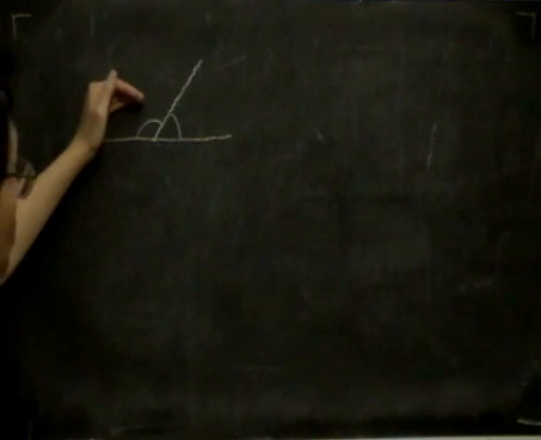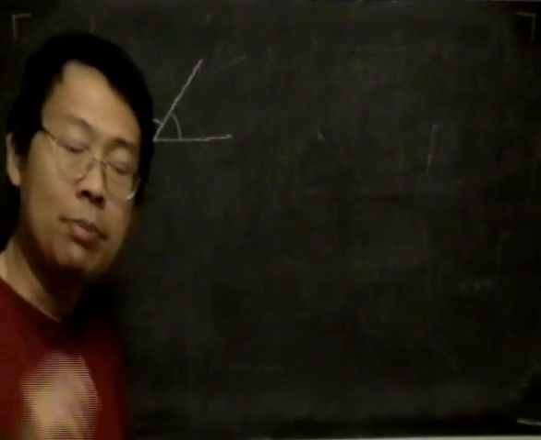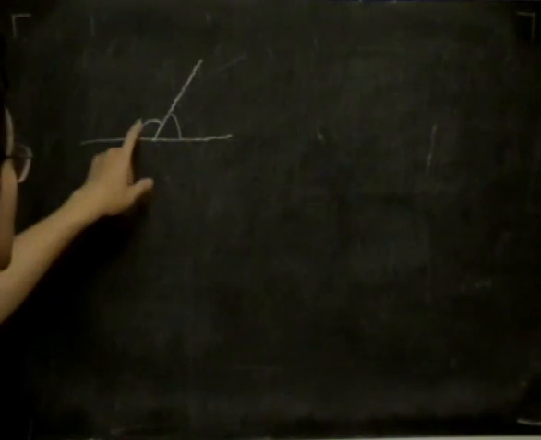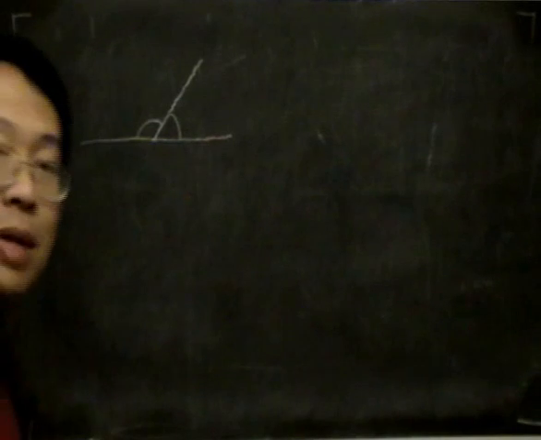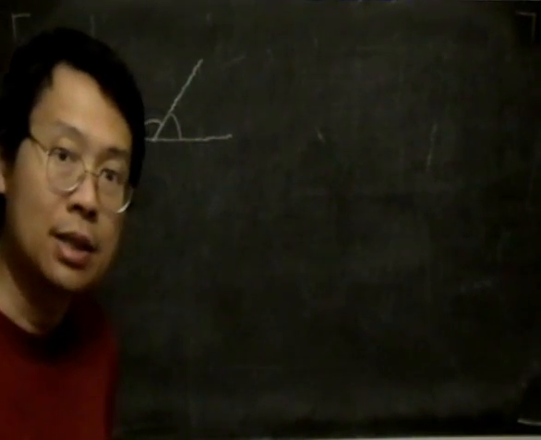Now, if you have two angles like that, then one important thing to know is that the sum of these two angles is 180 degrees.